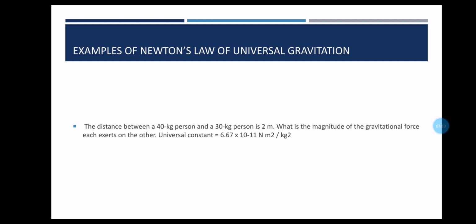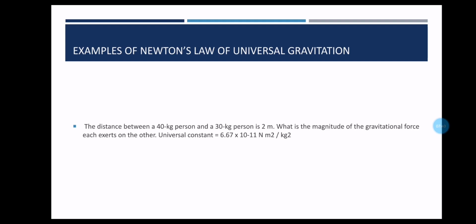Now, the distance between a 40 kilogram person and a 30 kilogram person is 2 meters. What is the magnitude of the gravitational force each exerts on the other? The universal constant is 6.67 times 10 to the power minus 11 Newton meter square per kilogram square. So in order to find the answer, the force is equal to G times M1 times M2 over R square.